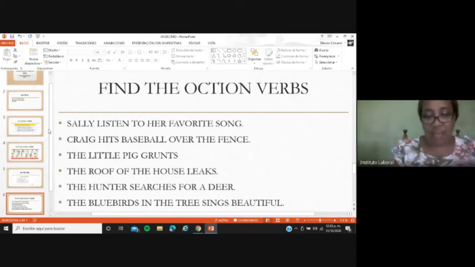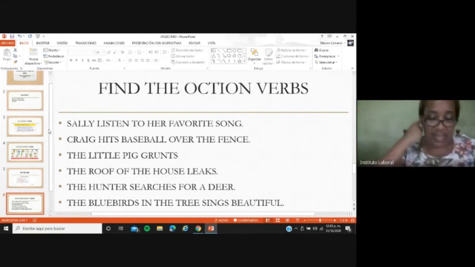Tenemos eat, drink, push, whisper, hear, yell, throw, hear, vote. These are action verbs that we use in a sentence.